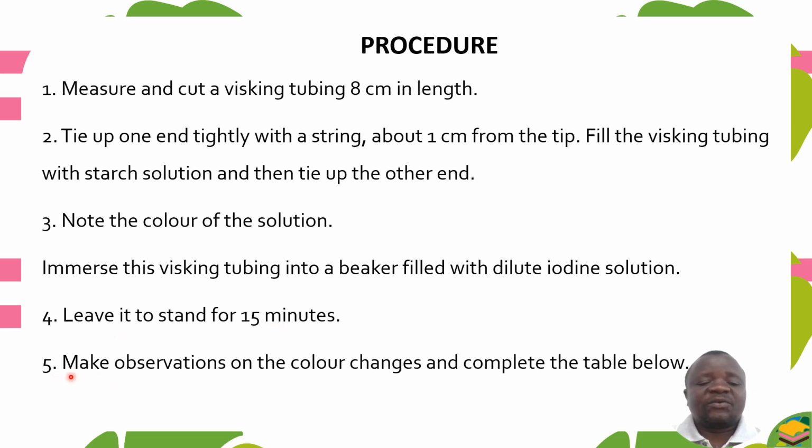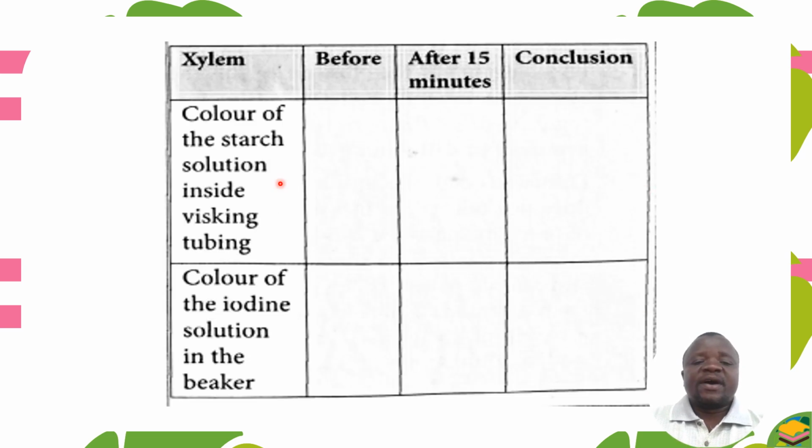The fifth one, you have to make observations on the color changes and complete the table below. Here we have the table with before, after 15 minutes, then the conclusion. You observe the color of the starch solution inside the Visking tubing before the experiment and after the experiment, and you do the conclusion.